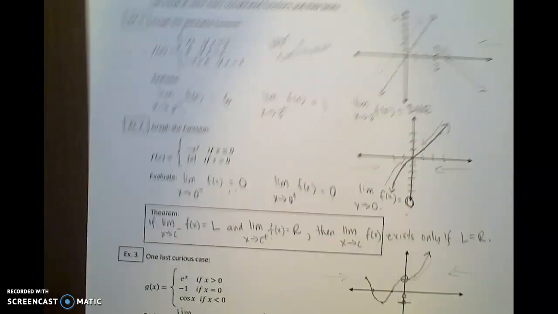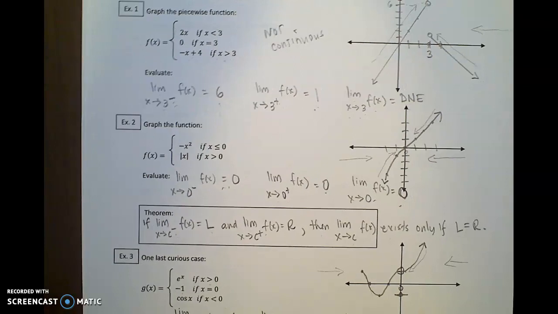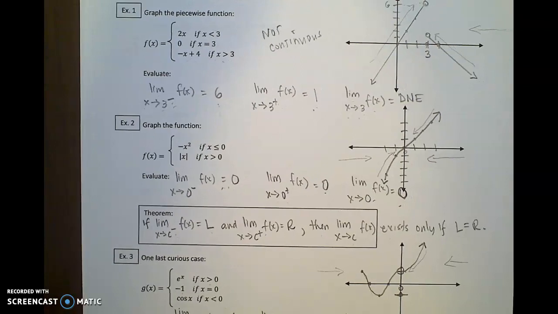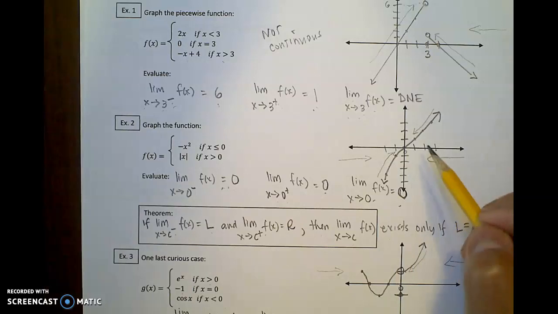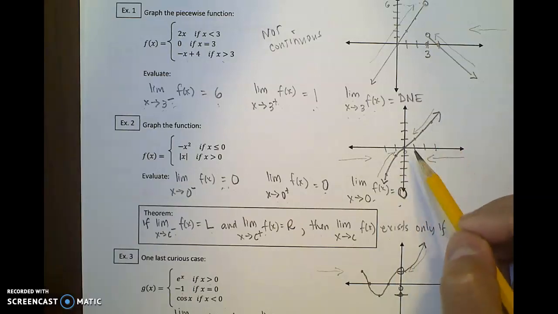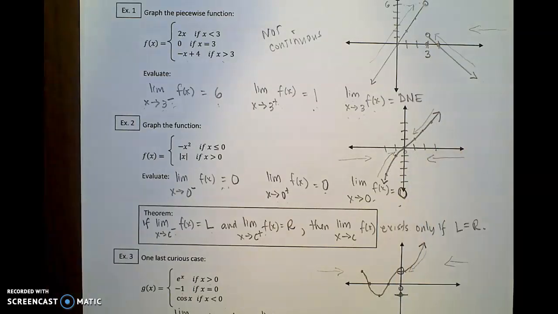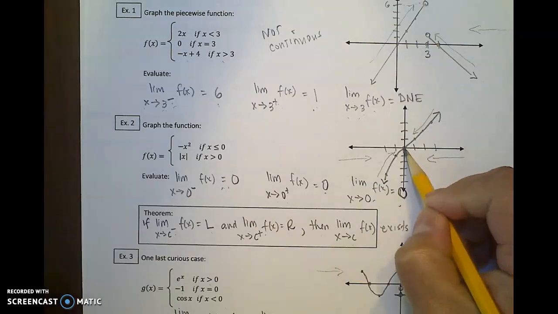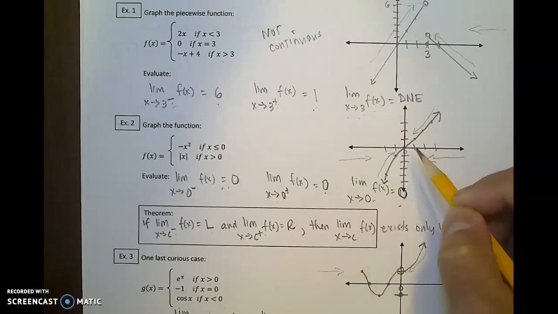Example number 2. Again, we're asking the question, is it continuous or not? The first requirement is that the function is defined at c. Looking at our graph, we see that at 0, the function is defined, so we satisfy requirement number 1.